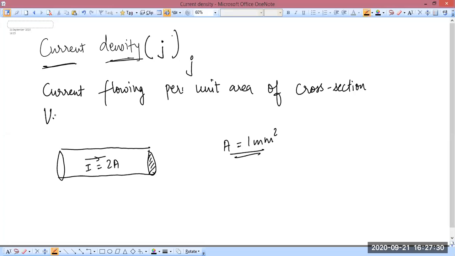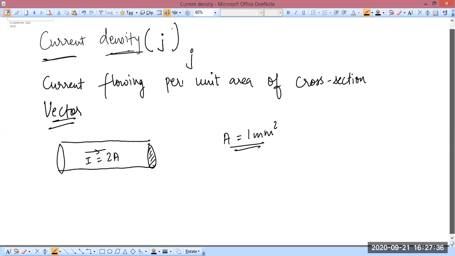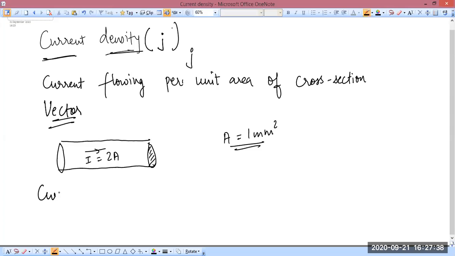This current density is a vector, all right? So it has a direction as well. Now see, a word of warning: current is a scalar. Current is a scalar, but this has always been a confusion. I'm sure you know that if this is a wire, then current is flowing like this, or maybe the opposite.